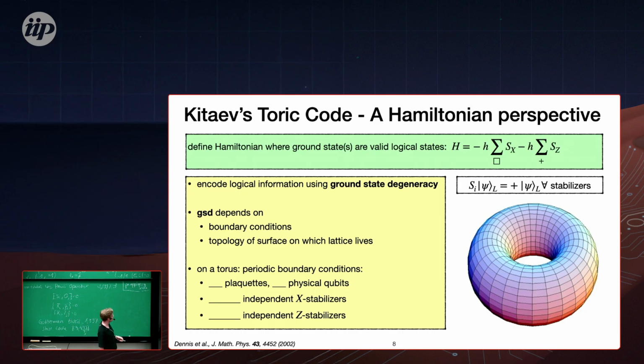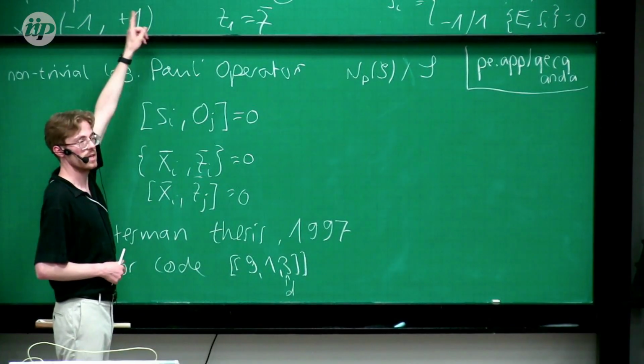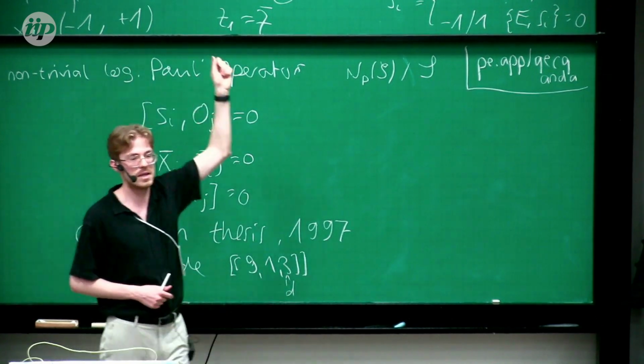Okay, now we can think of this also from a physical perspective, and write down a Hamiltonian for this model, as you can see here on the top right, where the ground states are valid logical states. And as we have learned, valid logical states are +1 eigenstates of the stabilizer generators.